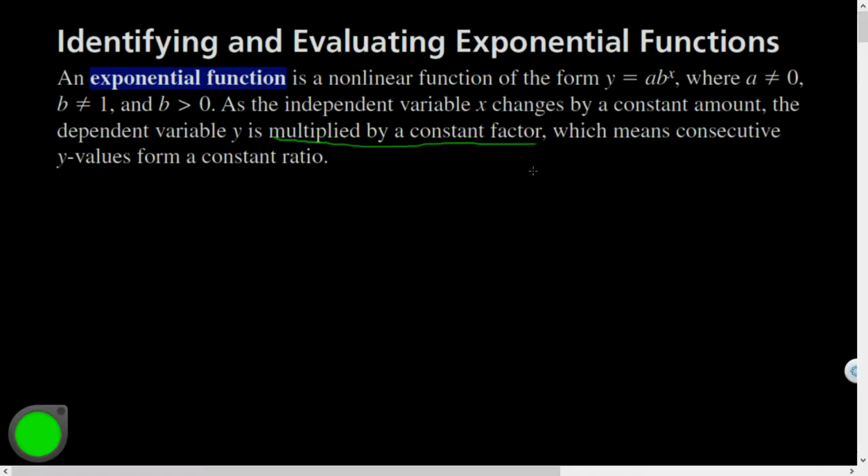So instead of being like up 1 over 1, up 1 over 1 of a linear function, this is going to be like multiply by 2 over 1, multiply by 2 over 1, multiply by 2 over 1, a constant factor, which means consecutive y values form a constant ratio. So instead of a slope, we're going to see that y values just get, there's a ratio between them, where it's being multiplied by a consistent factor.